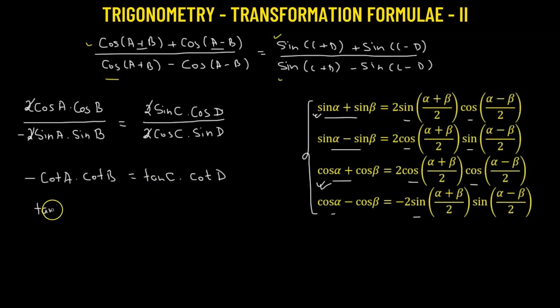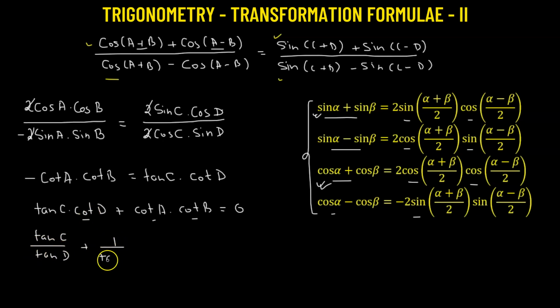So we have tangent of c multiplied by cotangent of d plus cotangent of a times cotangent of b equals 0. Now what we'll do, we'll convert all the cotangents to their reciprocals. That means rewriting in tangent form. So we have tangent of c, and cotangent of d becomes 1 over tangent of d, plus 1 over tangent of angle a times 1 over tangent of angle b, equals 0.